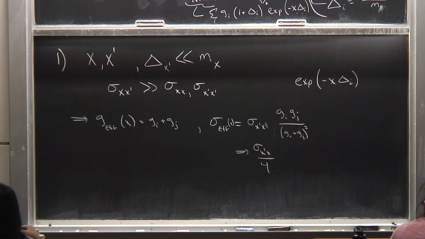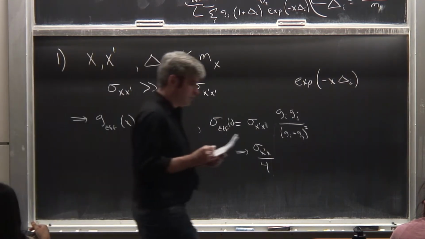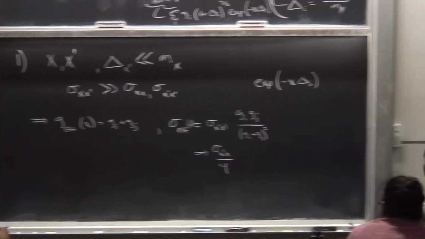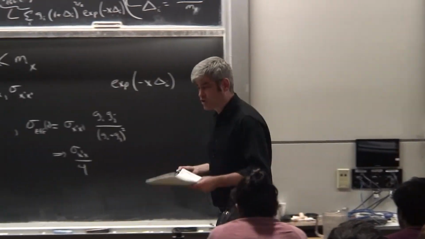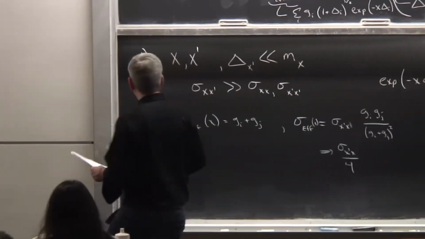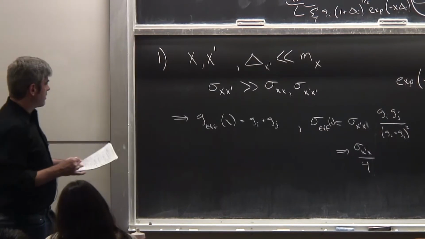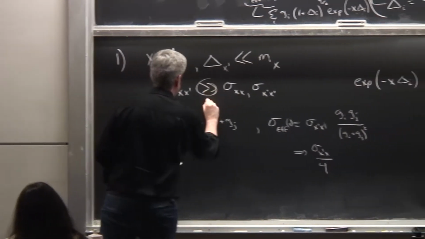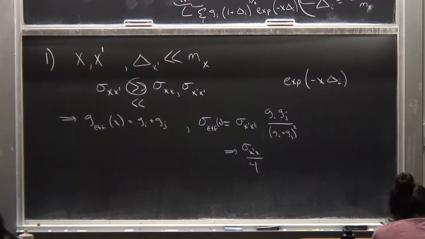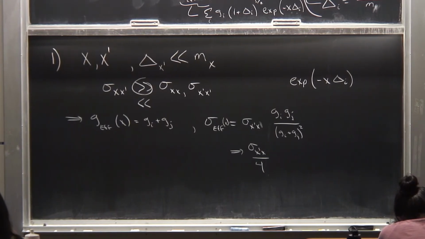And for the sake of time, I am not going to go into my second example on the board, but I will just say it in words. You could imagine a different situation, again with the small mass splitting, but in this case, let's reverse this. So now the co-annihilations are not relevant. Intuitively, what's going to happen in that case?